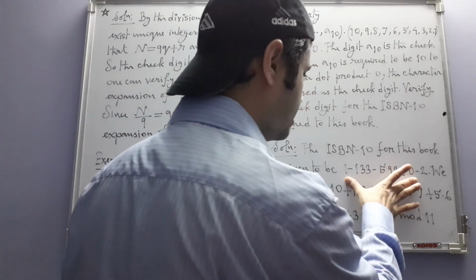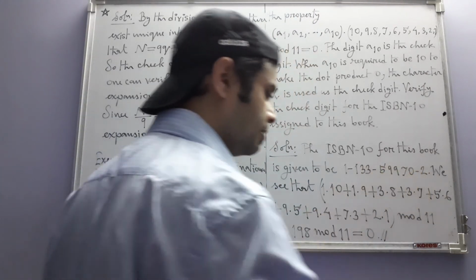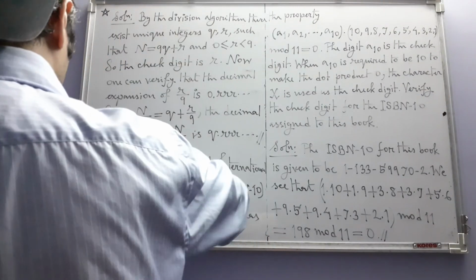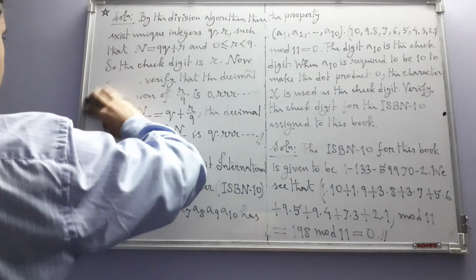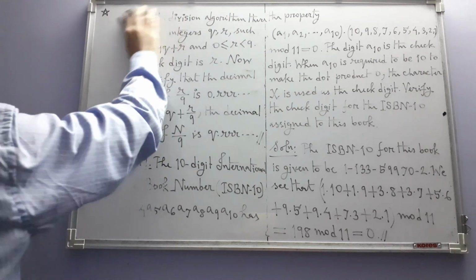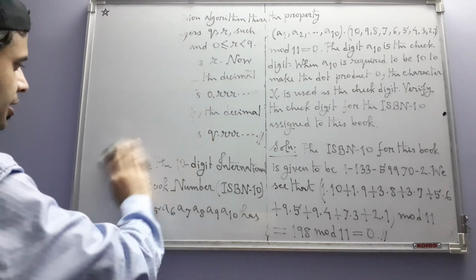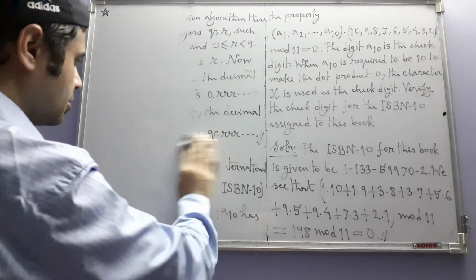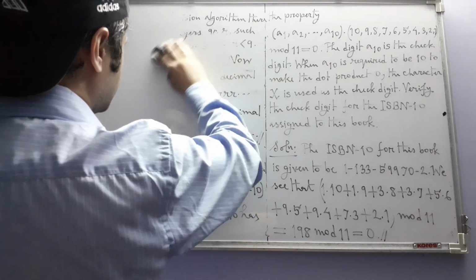This is the assigned number and this is the check digit. This number likely has information about the publisher, what type of book it is, etc.